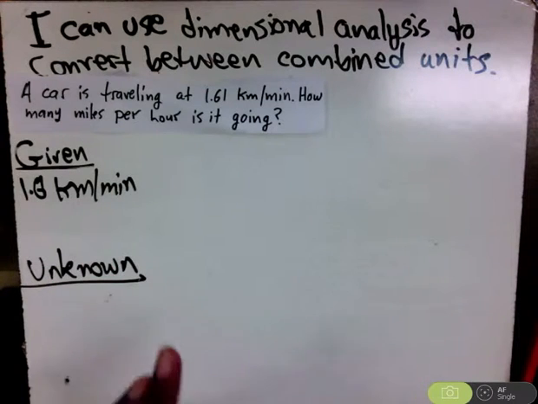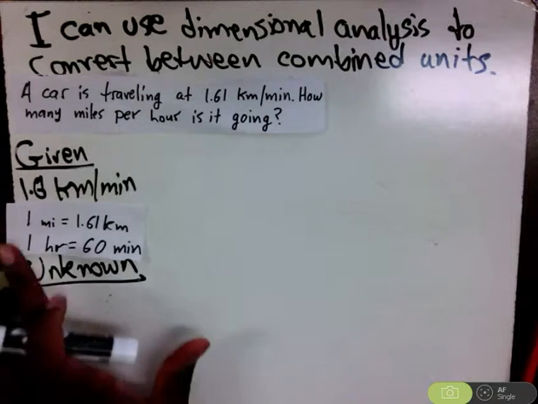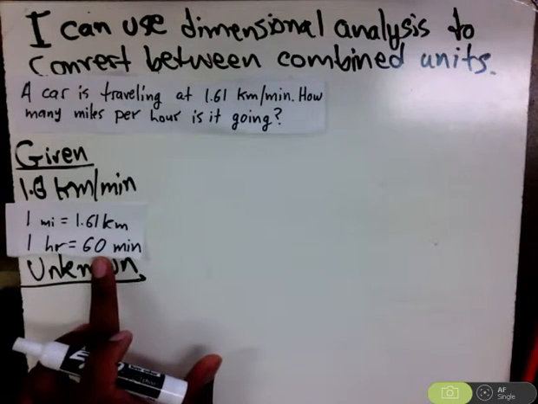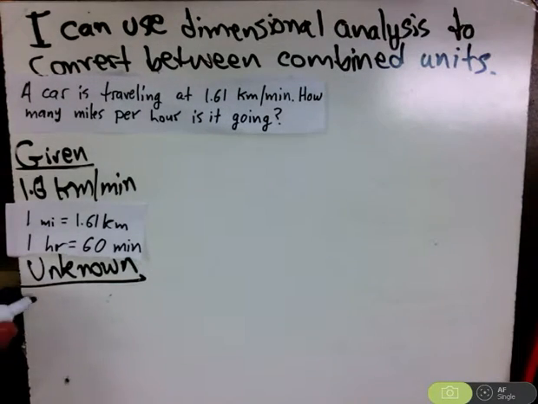And also, what's given to us are the conversion factors. We also know that 1 mile is 1.61 kilometers, and we also know that 1 hour is equal to 60 minutes. And our unknown is how many miles per hour is it going.